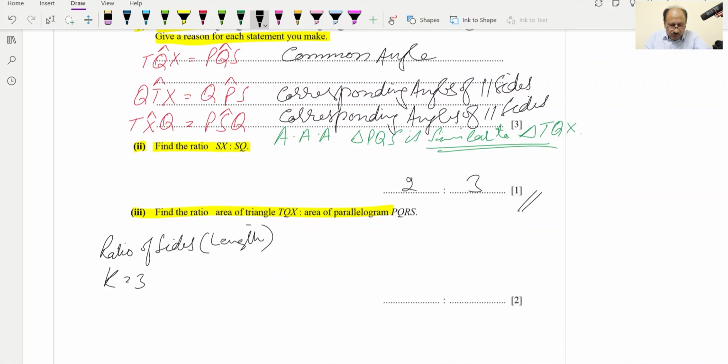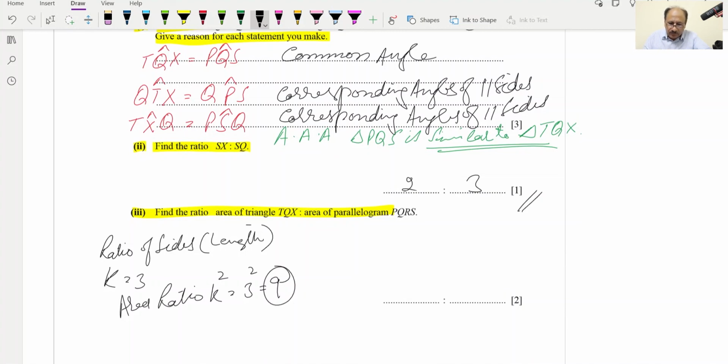So for volume ratio we will take K cube, which is equal to 3 cube, which will be area ratio, not volume. Area ratio will be K square, which is 3 square, which is 9. So 9 times area. This will be for the triangle.